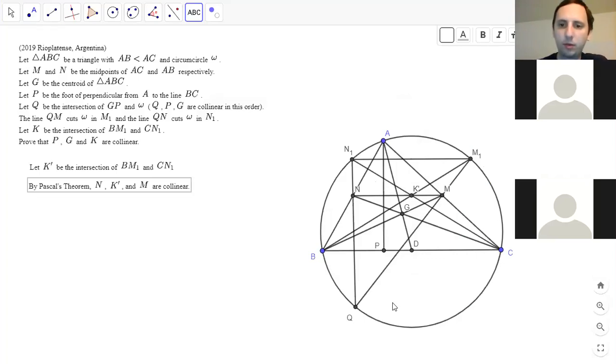Actually, is there another way to see it? One short way to prove the IMO problem is that by homothety, you can prove that PG passes through a point A prime such that AA prime is parallel to BC. And then you can apply the dual of Desargues' involution theorem, DDIT.